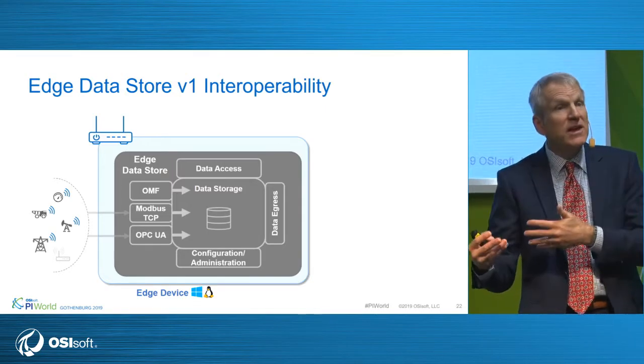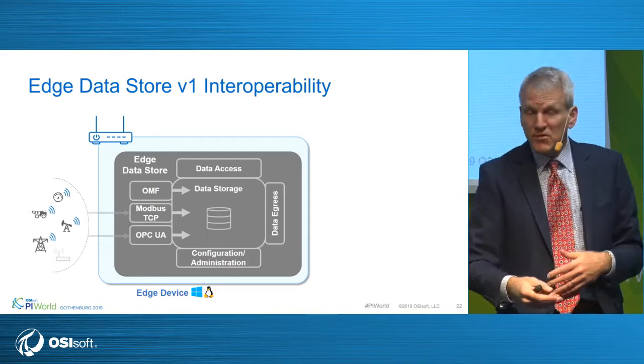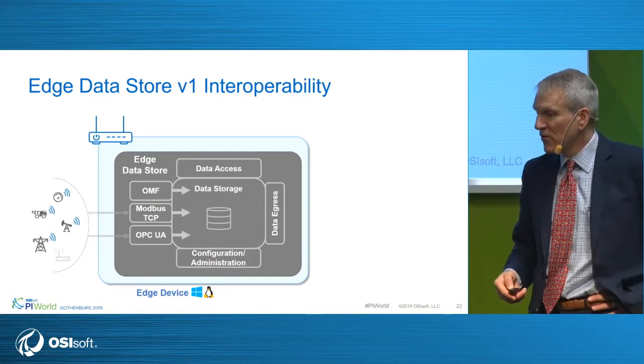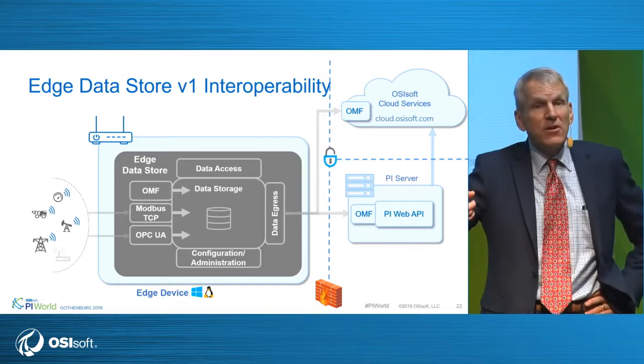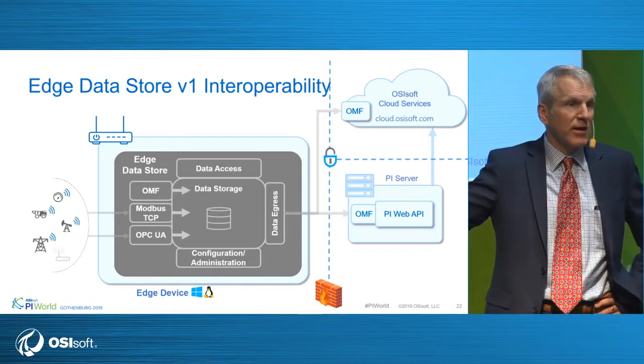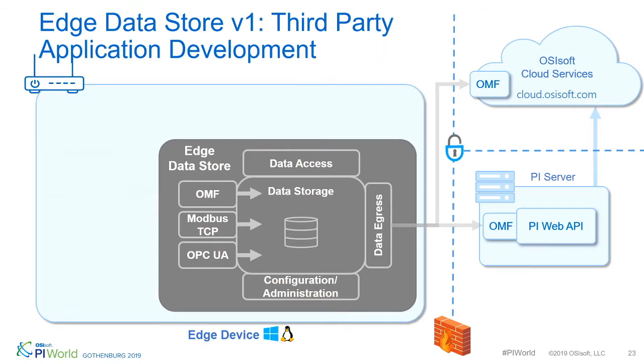So that's how you can get data in. It's a configuration exercise to configure your Modbus device or your OPC UA server. And then in addition to that, as we've talked about, built-in egress to OSIsoft cloud services or to the Pi server, and it generates OMF data outbound. That's really the focus of what we're doing here. Get data in, store it, serve it up, send it.